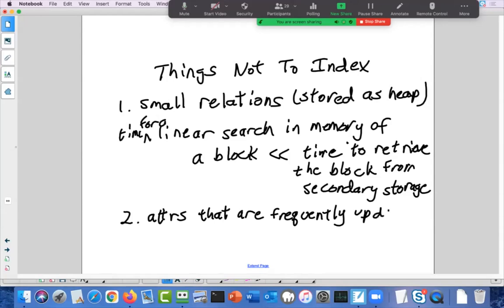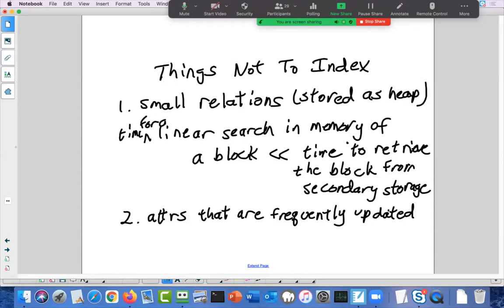Because not only do you have to update the tuple in memory, but you have to update the index as well. And because the attribute value is changing, it's not simply a matter of changing the attribute value. The attribute's location might change as well.